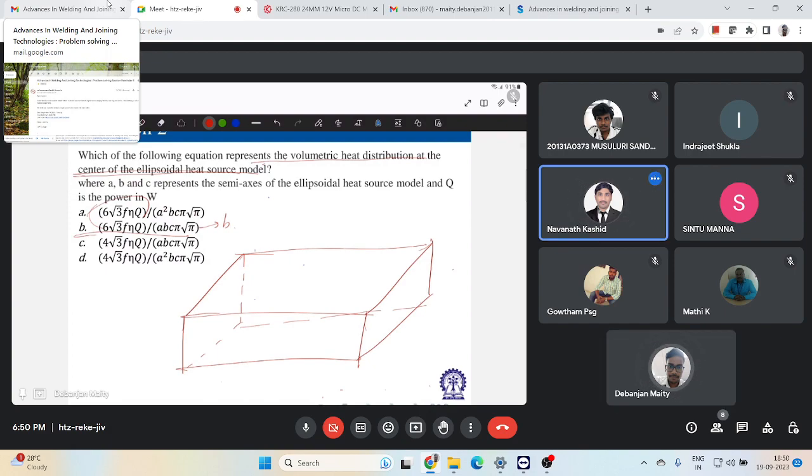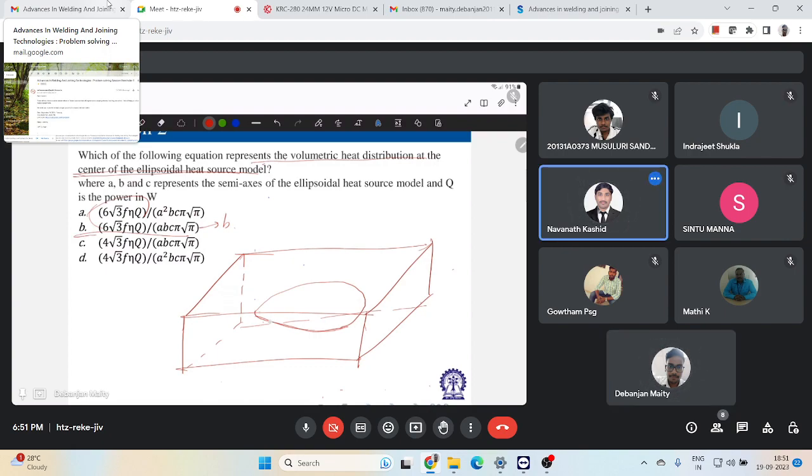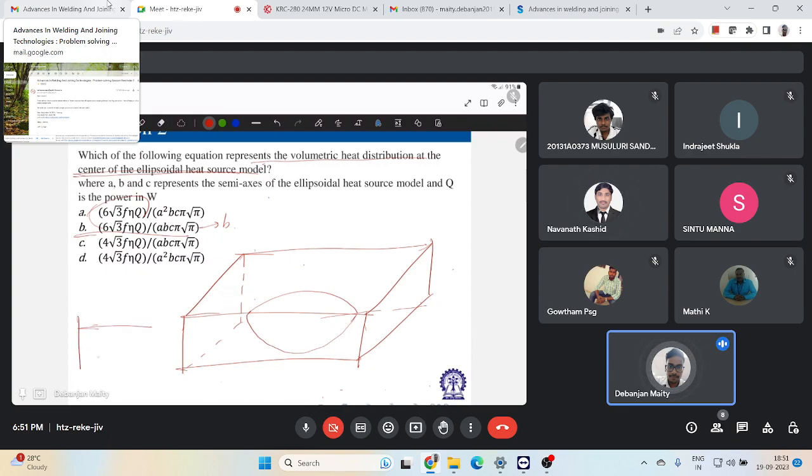Now let's say my weld pool is something like this. So this is my weld pool size, over which this is the depth. So if you are thinking of this cross section, it will seem like this.